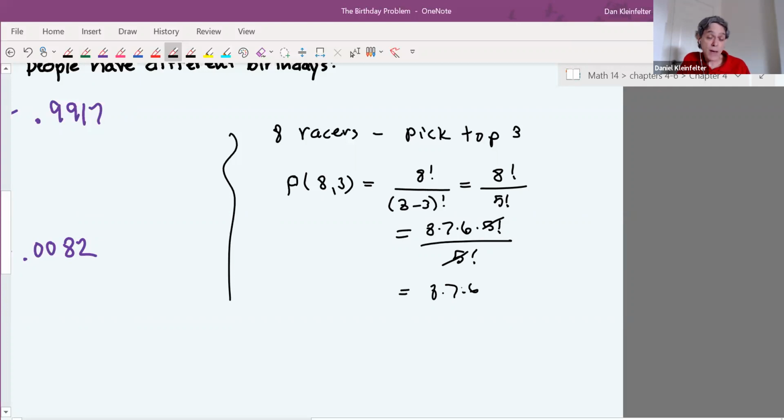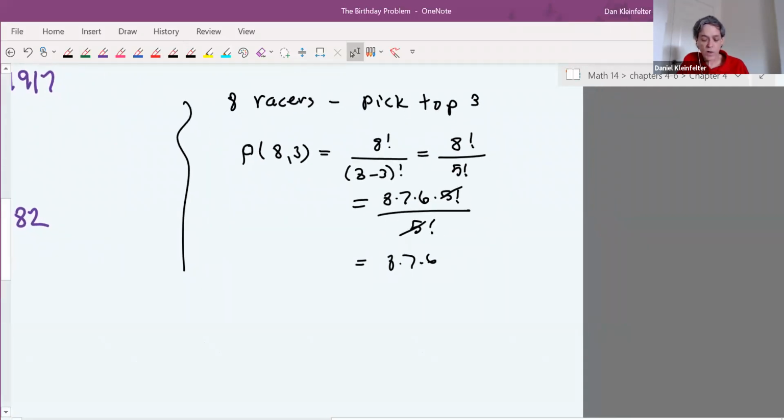And if you thought about it, it probably occurred to you before, couldn't we just do it like this? If there's 8 horses, there's 8 choices for whoever the winning horse is. That horse finished the race, so there's 7 choices for the second horse. Once those 2 horses have finished, there's only 6 horses left for the third place finish.